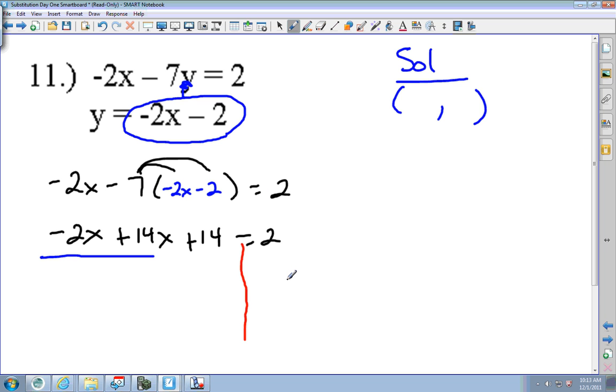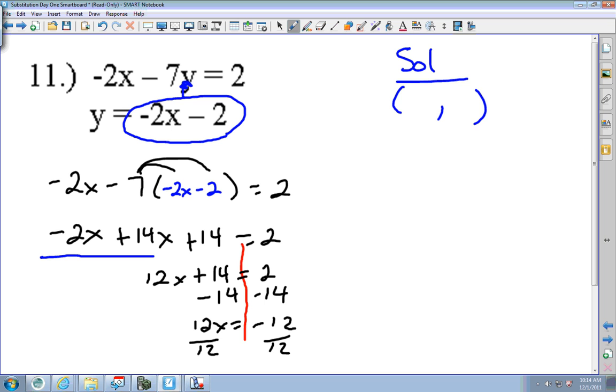I get 12x plus 14, and it equals 2. Subtract 14 from each side. 12x equals negative 12. Divide by 12. X equals negative 1.